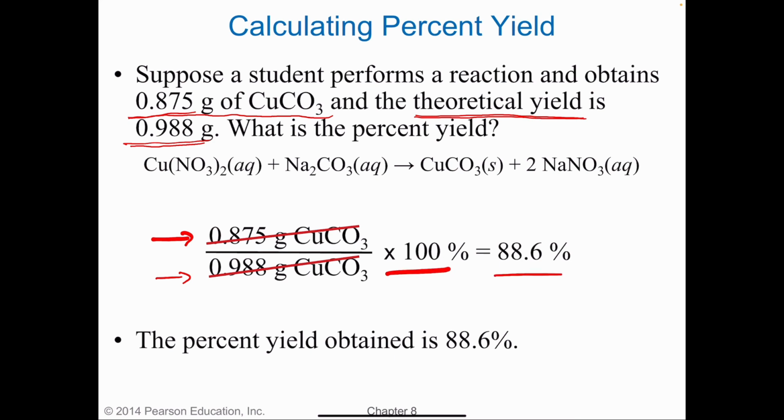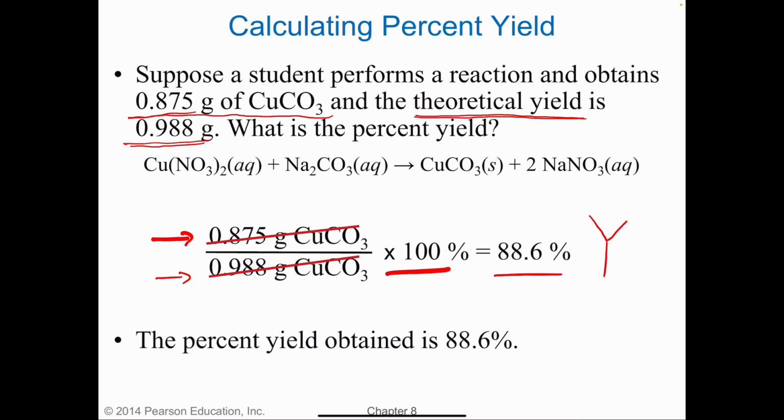Now, really, the percent yield should always be lower than 100%. If you calculate something greater than 100%, either your calculation was done wrong, or maybe it was some sort of experimental error, like maybe you didn't dry off all the water when you filtered something. That's a common thing.